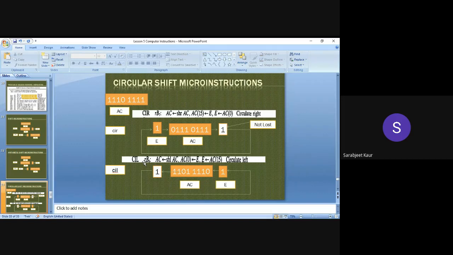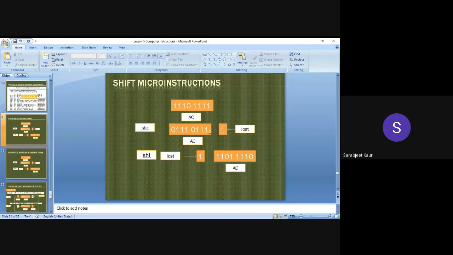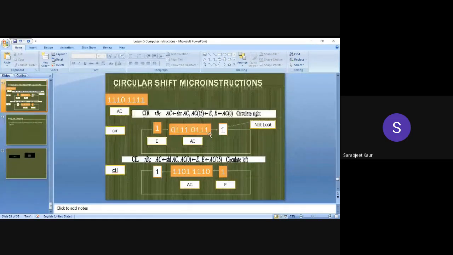Now let us see the circular shift micro instructions. In circular shift micro instructions, no bit is lost. This is like the first shift micro instruction that we had seen. The only difference is that this time I'm saying circular shift right.